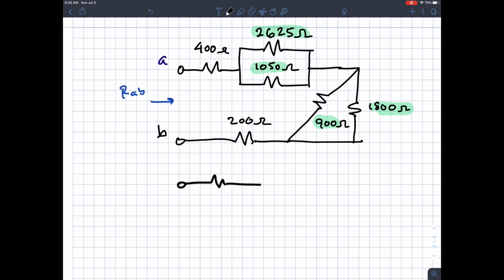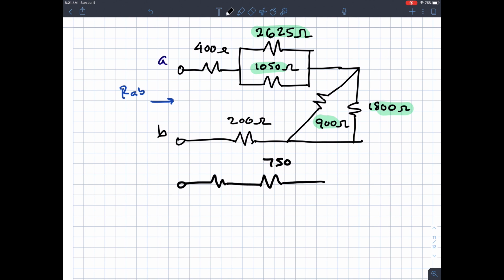So 2625 times 1050 divided by the sum. That works out to be 750. That was no coincidence. I actually rigged the numbers to work out pretty cleanly.